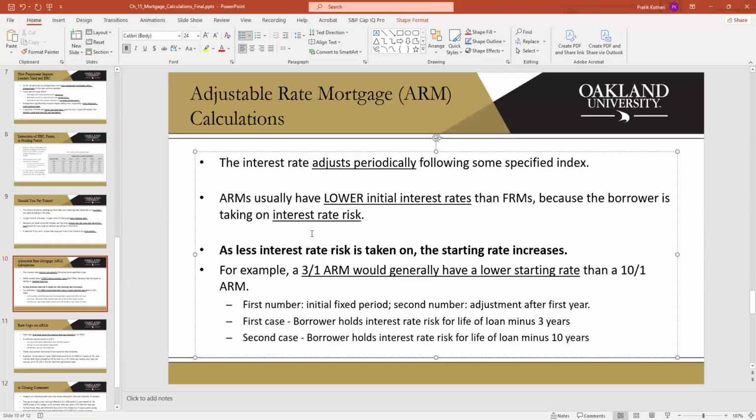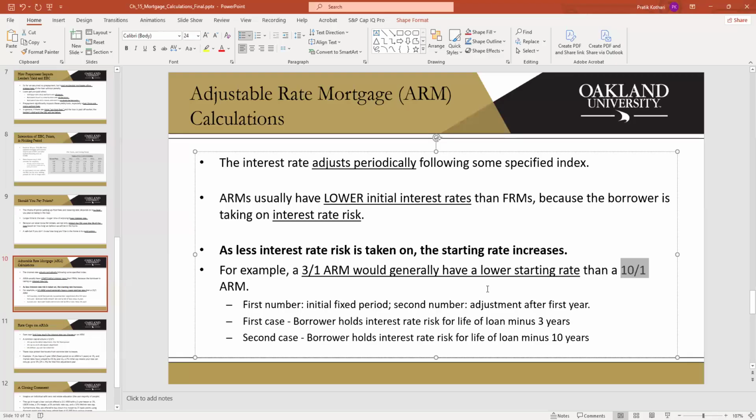So usually these ARM mortgages start off with a much lower interest rate. And how much lower? That depends on how long the fixed term of the loan is. So for example, consider a 3-1 ARM where you have 3 years of fixed interest rate, then every year the interest rate changes.